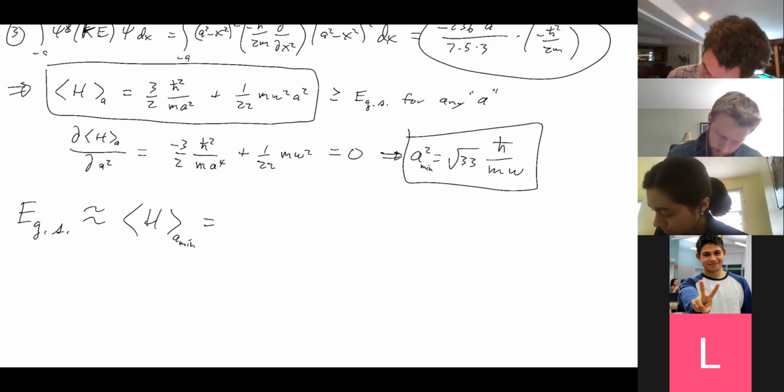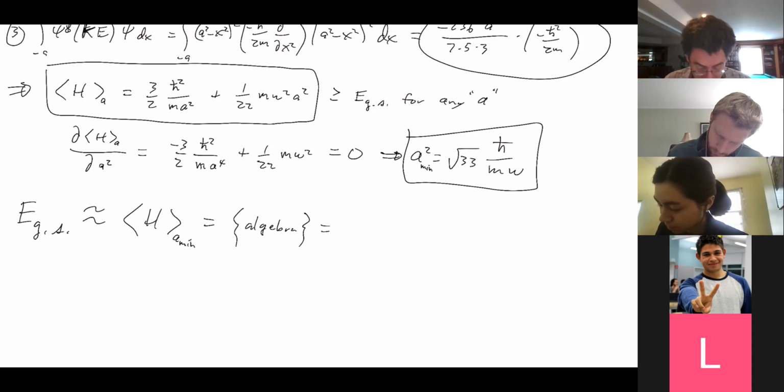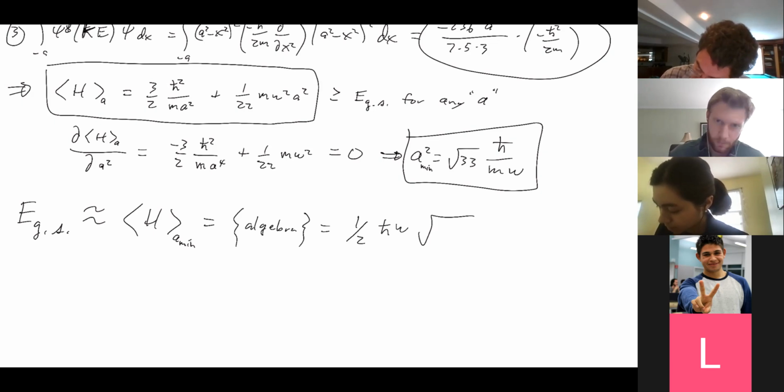Let's skip some algebra. What I get after you do the algebra is this: 1/2 h bar omega times square root of 12 over 11. That's the answer I get.